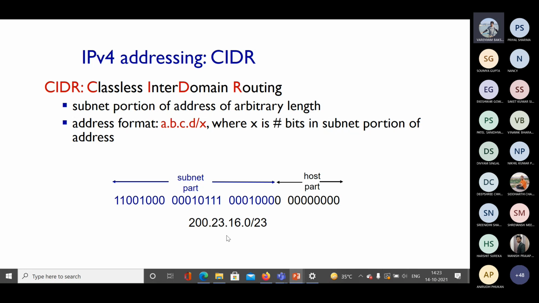In dotted decimal notation, this is the IP address, and the /23 here is defined as the subnet part, which defines how many bits are actually acting as the subnet part.